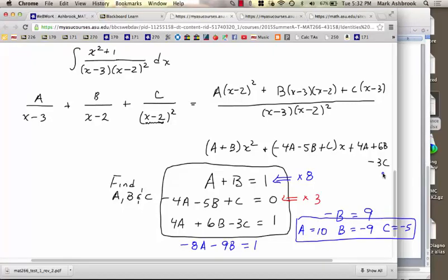Okay, so now we're ready to write the decomposed fractions. We got 10 over x minus 3 plus negative 9 over x minus 2 plus negative 5 over x minus 2 squared. And so the only new thing now is that whole thing, dx. But we're doing the integral of that, right?